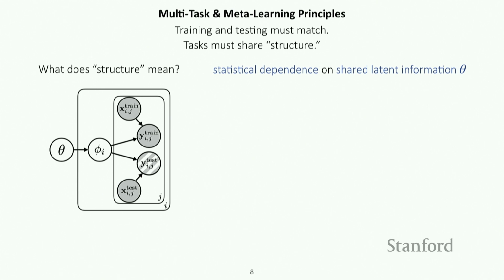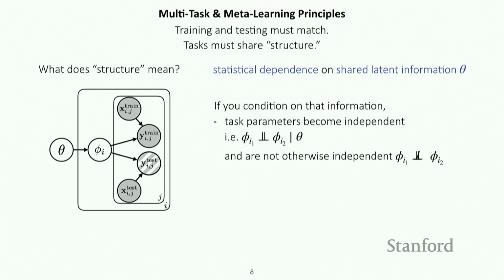In this graphical model, you can see that there is some dependence on theta. Basically, each of the parameters phi i has an arrow coming from theta. If you condition on the information in theta, we know first that the task parameters become independent. That is, phi i is independent of another phi i conditioned on theta.